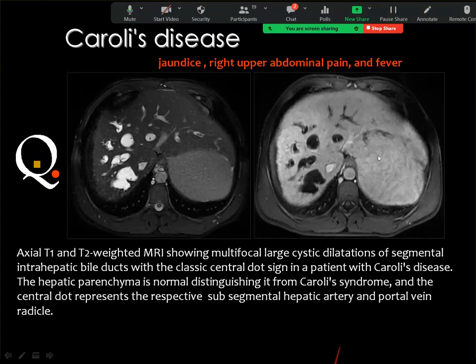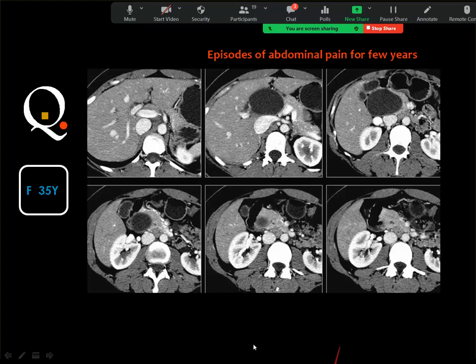And how do you know this is Caroli disease? By the presence of these ducts around the portal vein, which represents the characteristic central dot sign of Caroli's disease. Next case.